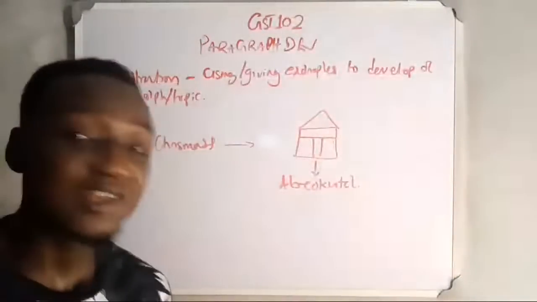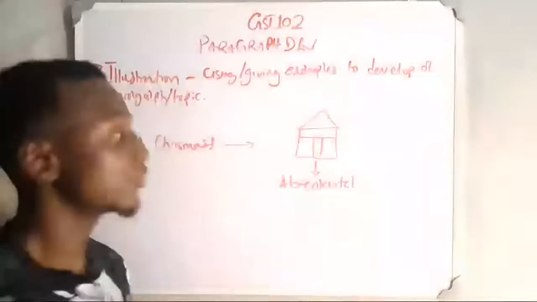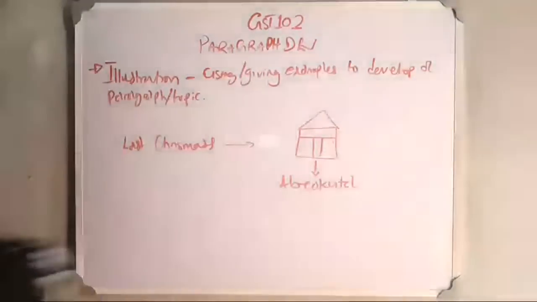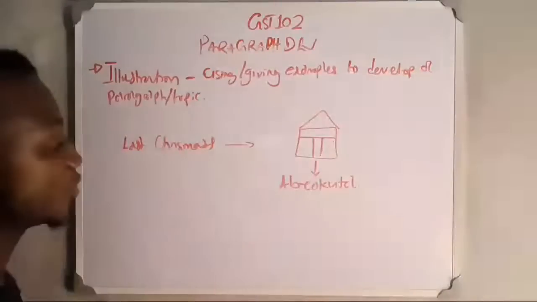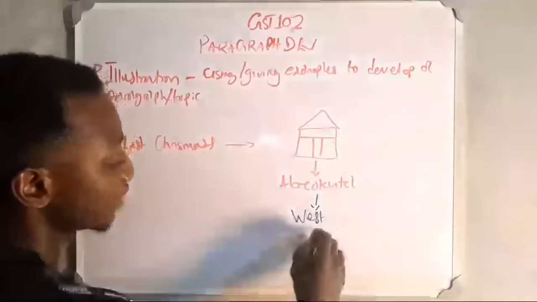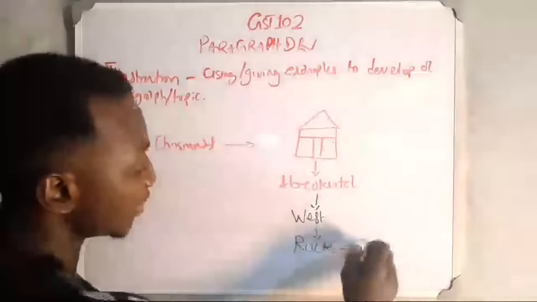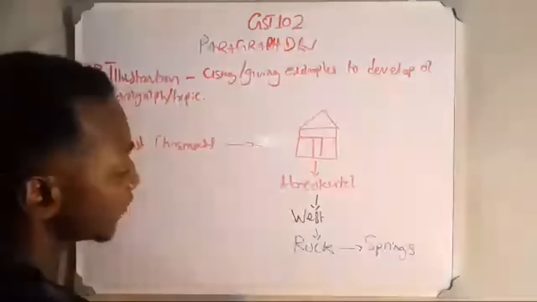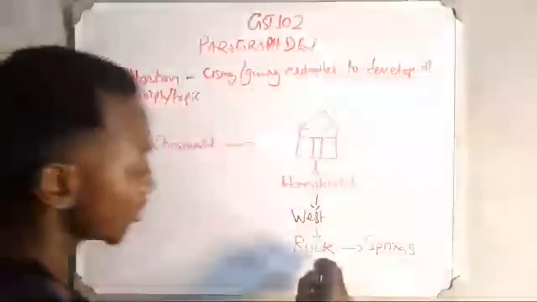Abeokuta here is a place in the western part of Nigeria, so let me write here: a place in the west, where we have rocks, we have springs, what else? We have eels.